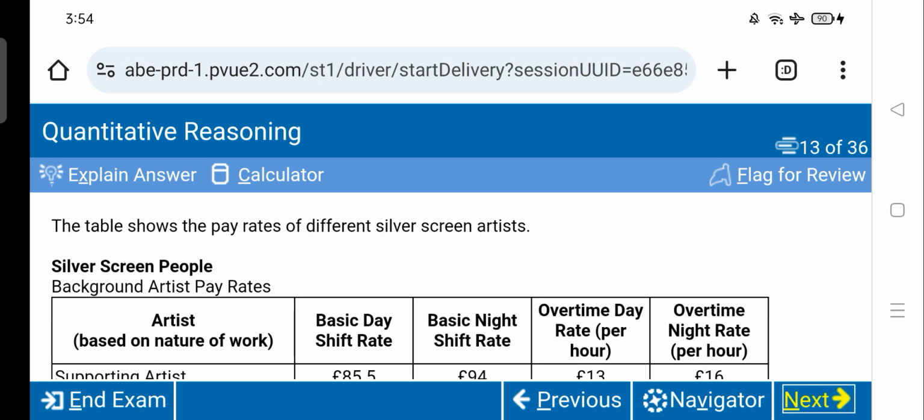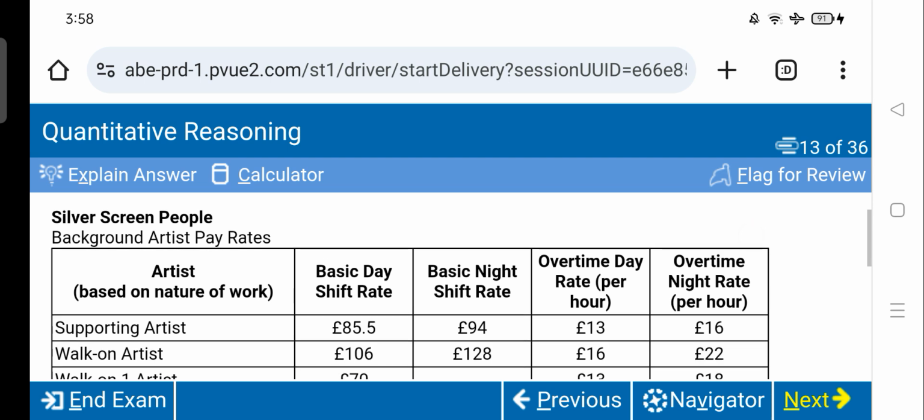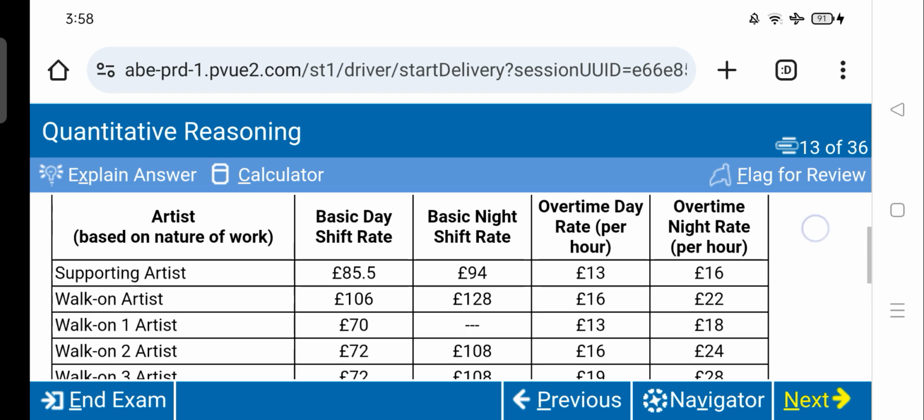Next question we have is question number 13. The question is: the table shows the pay rates of different silver screen artists. First we have silver screen people and background artist pay rates.